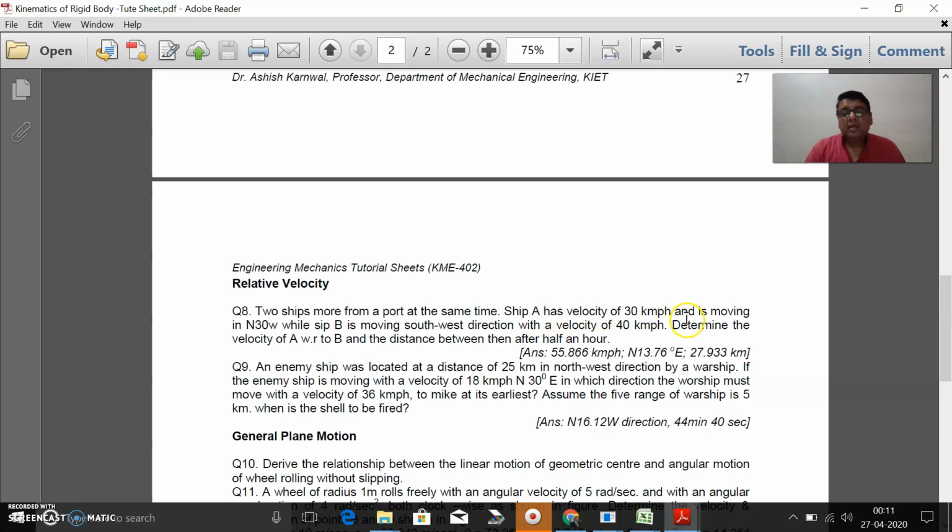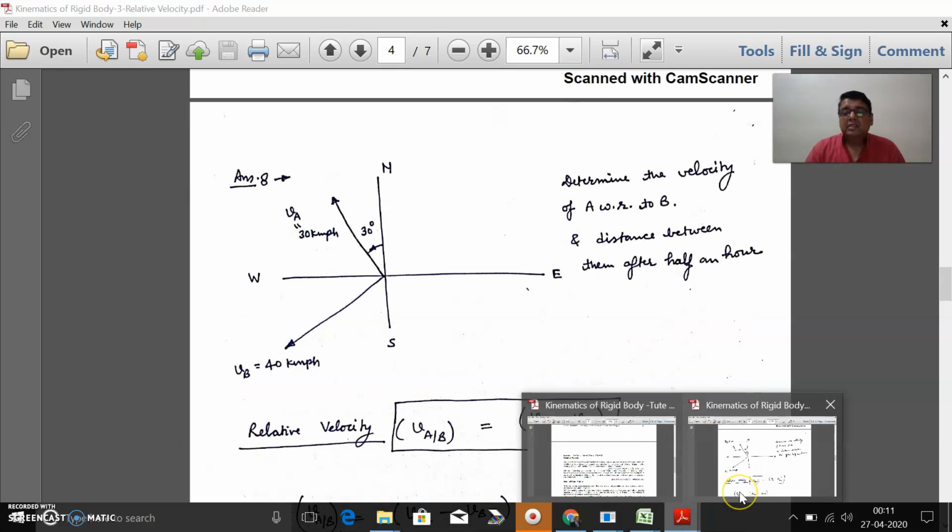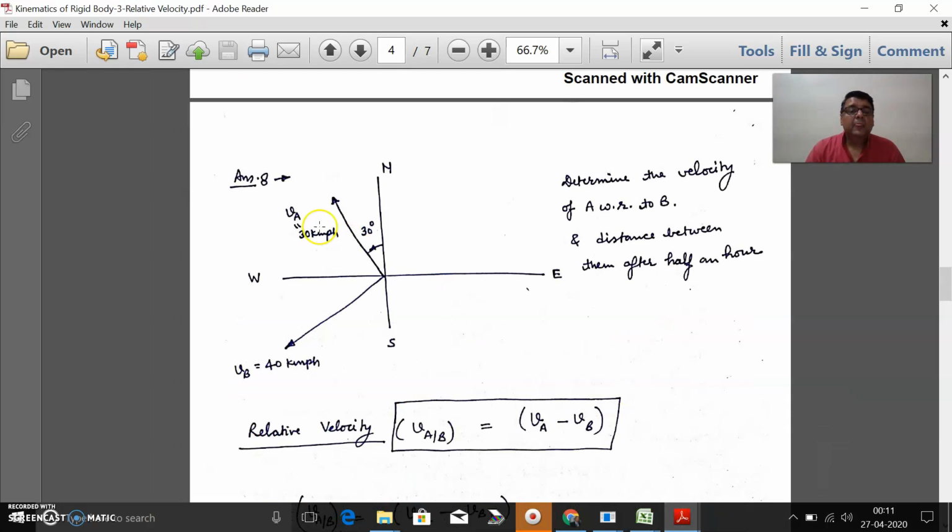But for A, he said 30 km per hour and is moving north 30 degree west. Let us first understand what this means. See, north has two directions, one towards east, one towards west. And it says that VA moves 30 km per hour north 30 degree towards west.